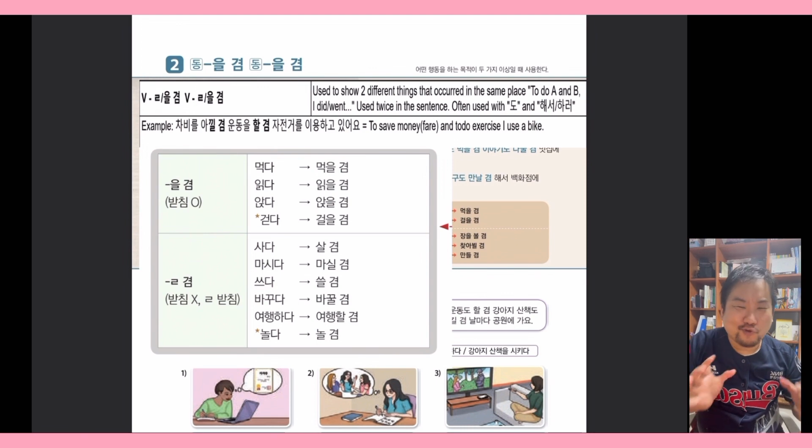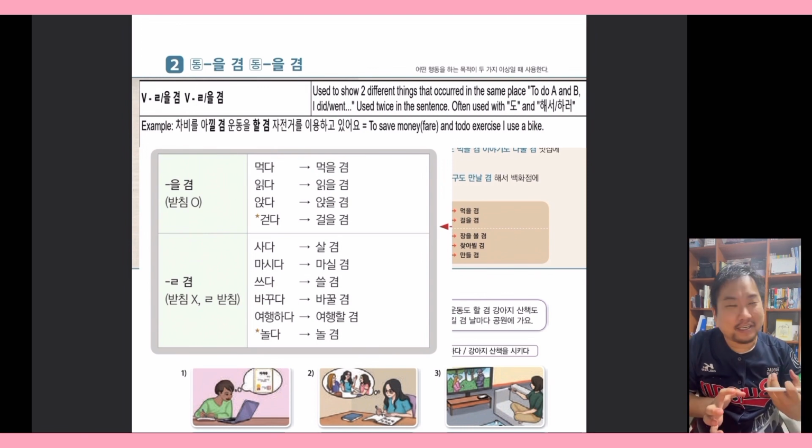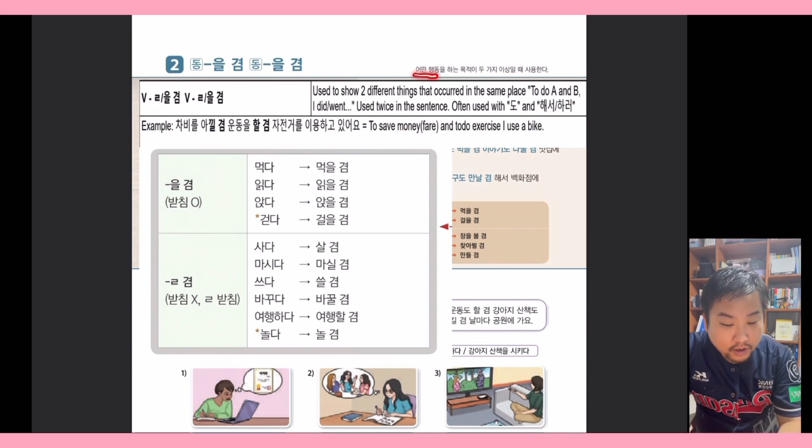Next usage is blah blah 을겸. It is super colloquial language. In strict formal written language, I try not to use it, but when I speak, and especially for your test speaking, it is good to use, and not that difficult. 어떤 행동을 하는 목적이 2가지 이상. 목적 is purpose, 이상 is more than 2.